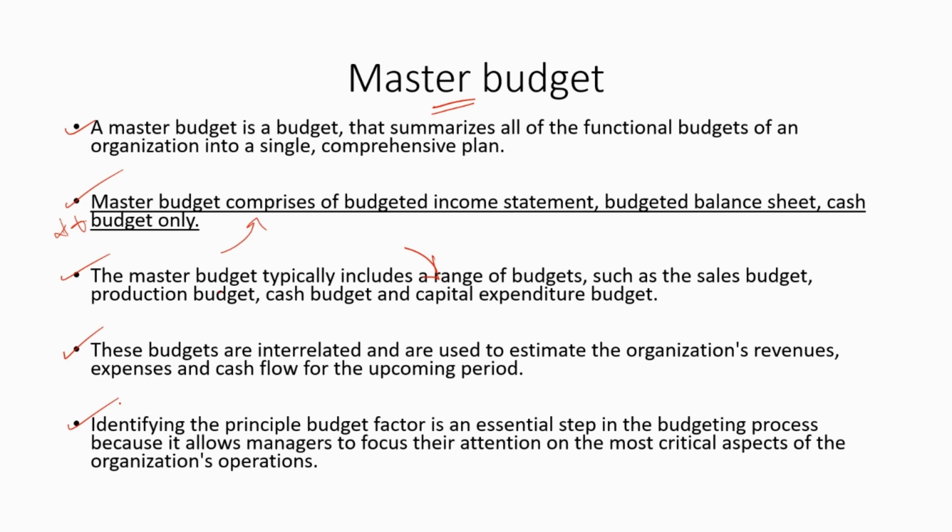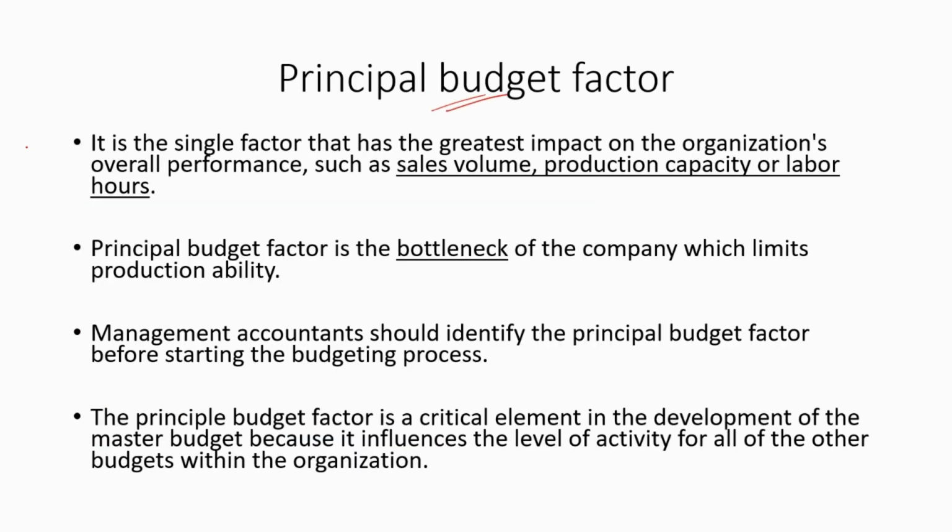Identifying the principal budget factor is an essential step in the budgeting process because it allows managers to focus their attention on the most critical aspects of the organization's operation. This is really important. Principal budget factor. Let's discuss this.